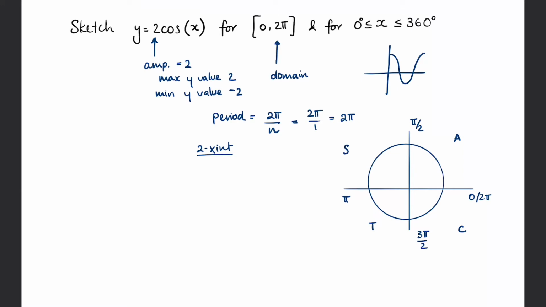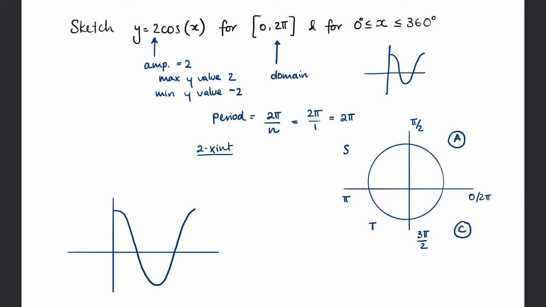If we take a look at the properties of the unit circle, cos is positive in the first quadrant and in the fourth quadrant. What that tells us is that our 2 x-intercepts can be found using these properties. Now if I have a go at drawing my axes, my cos graph will look something like this, and that will be one full cycle.